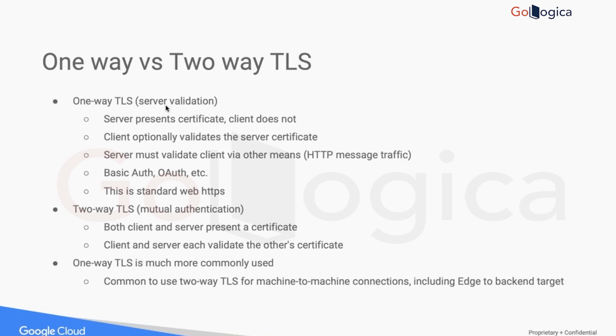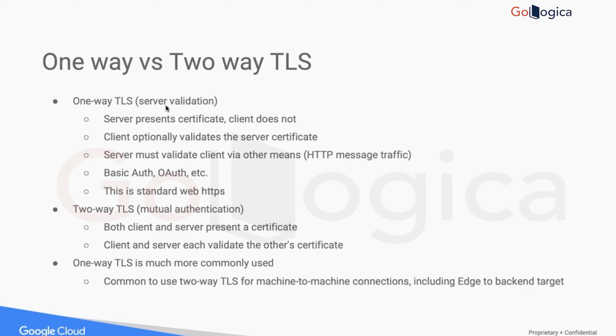The client validates the server, and the server doesn't validate the client. The server has to present its certificate, and the client doesn't have to present a certificate. The client will check the domain name which is coming against the domain name given in the certificate. The certificate contains information such as the server domain, when the certificate is going to expire, and the encryption algorithm, and the client checks all of that.